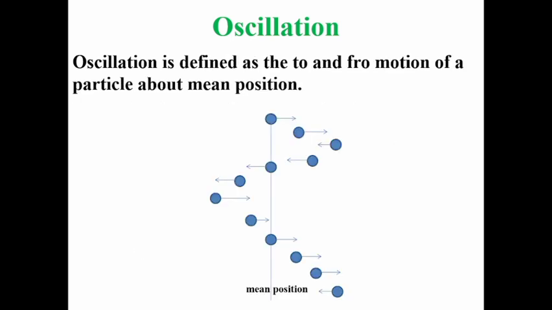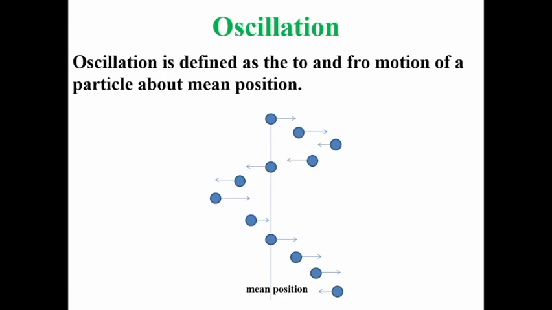However, oscillation is defined as the to and fro motion of a particle about its mean position. This is the schematic diagram of oscillations. This is the mean position. The arrow indicates the direction of movement of the particle.